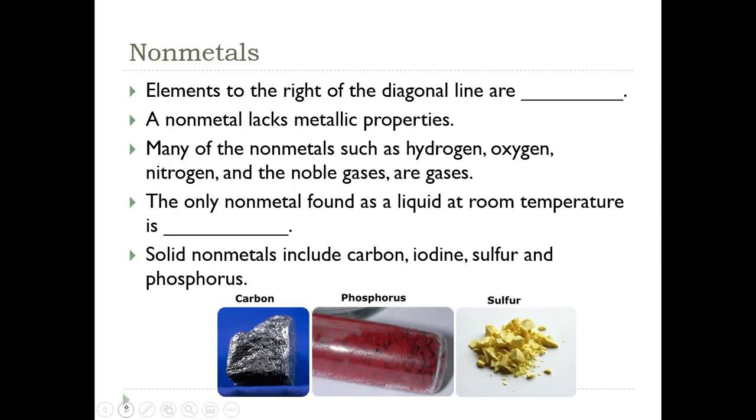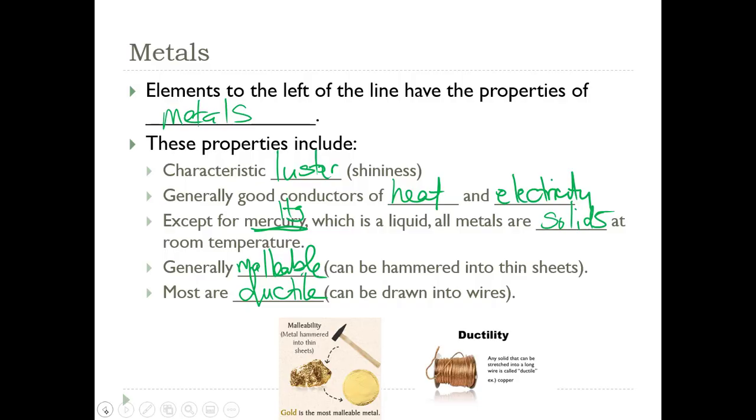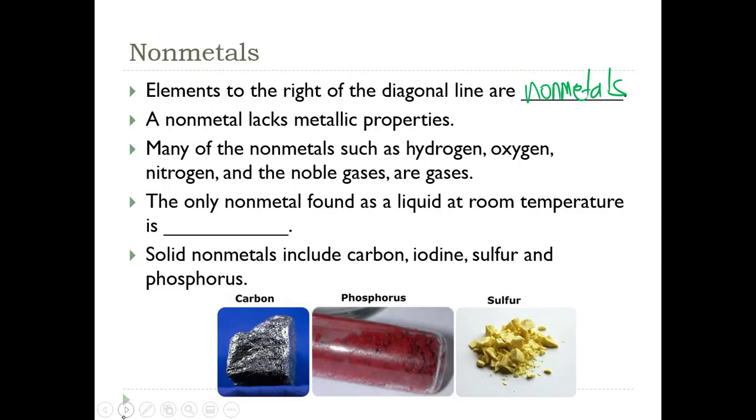Elements to the right of the diagonal line are nonmetals. Nonmetals lack metallic properties, so those were the ones we described previously. Many of the nonmetals, such as hydrogen, oxygen, nitrogen, and the noble gases, are gases at room temperature.